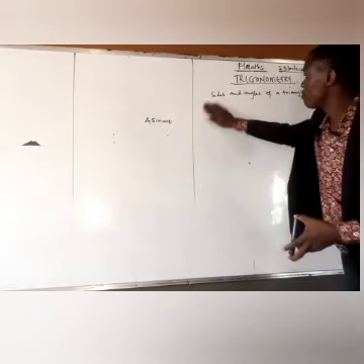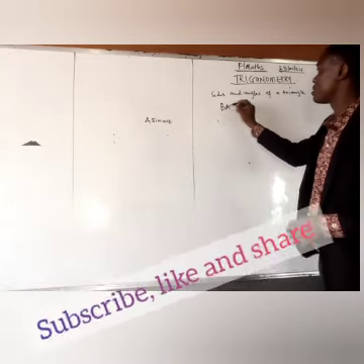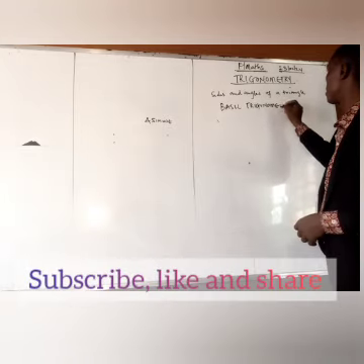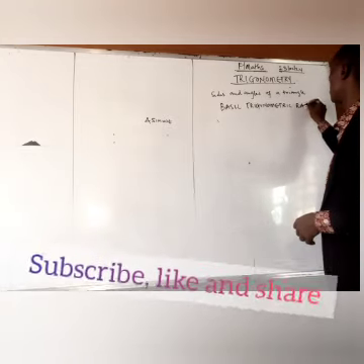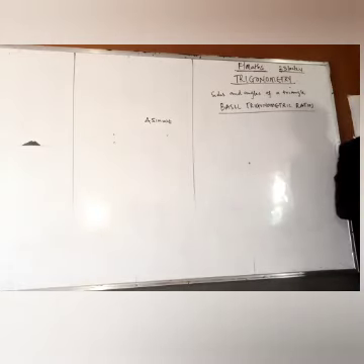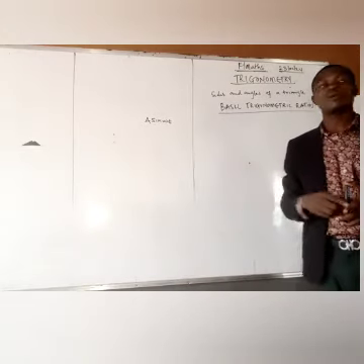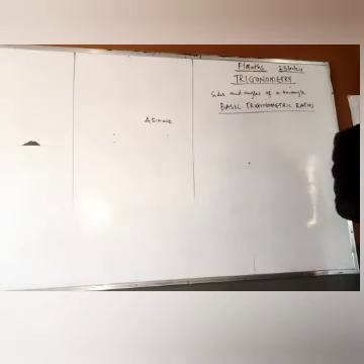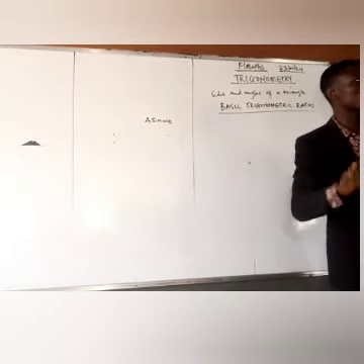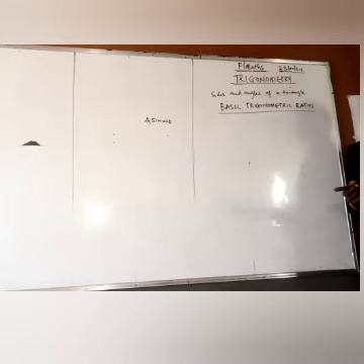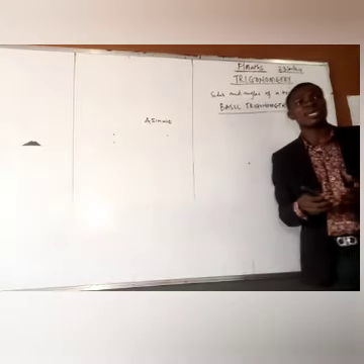Alright, let's look at the basic trigonometric ratios. We have three basic trigonometric ratios. Every student should remember that. If they should tap you and wake you from your sleep, you should be able to tell us these are the ratios we have in trigonometry, and you should be able to explain them.